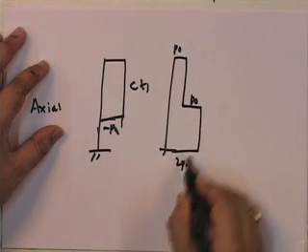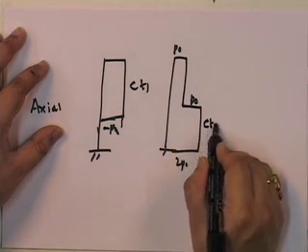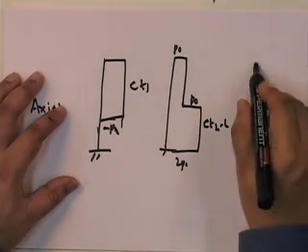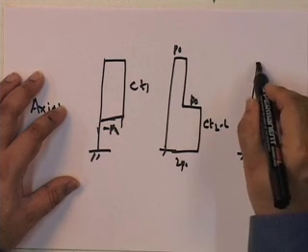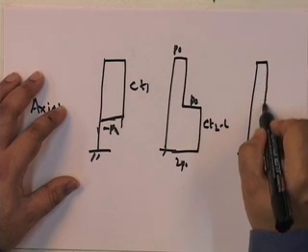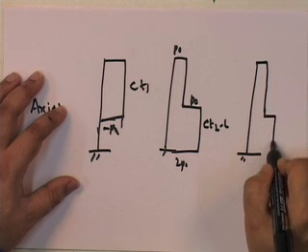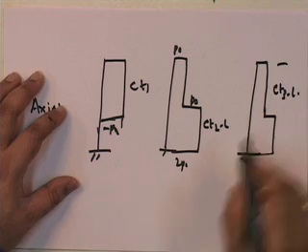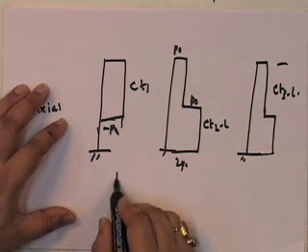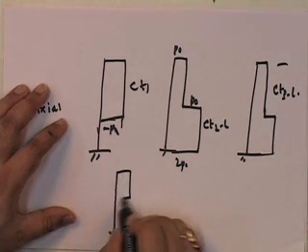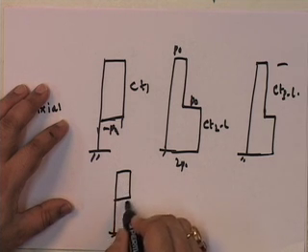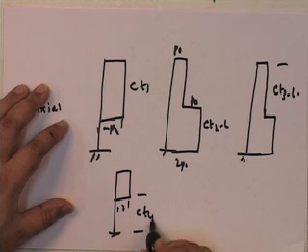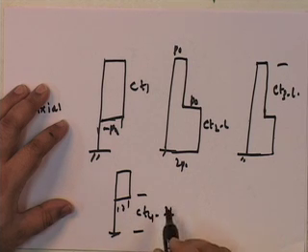So, you have 2 P naught, where this is CT2 minus L. As you go further, you get P naught and P naught, where this is CT3 minus L. And finally, when you have the last wave, this is P naught, where this is CT4 minus 3L.